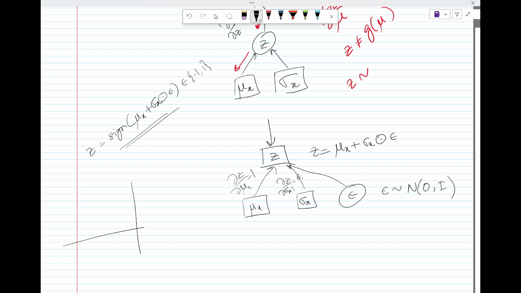The sign function is something like this, right? Plus 1, minus 1. At all these places the derivative is 0, and here there is a jump, it is discontinuous.